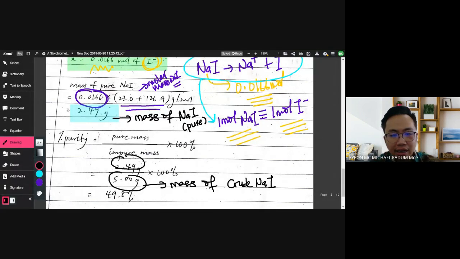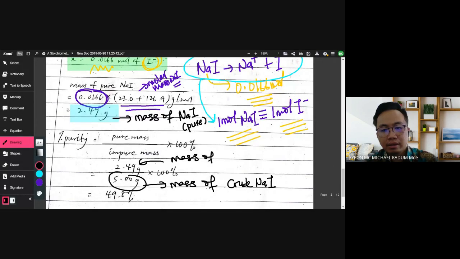Yang atas ini adalah mass of pure NaI. Dapatlah dia punya percentage di sana. Okay?